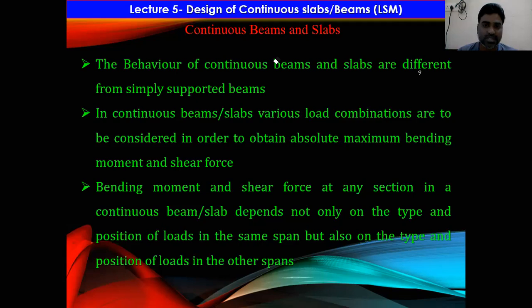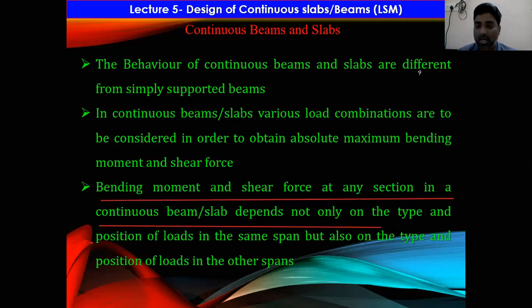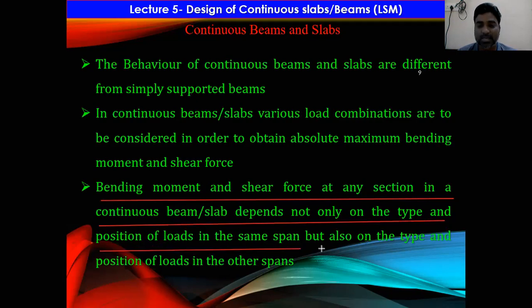And one more important thing is that the bending moment and shear forces at any section in a continuous beam depend not only on the type and position of loads in the same span, but also on the type and position of loads in the other spans. As I told you now, this is a support, right?